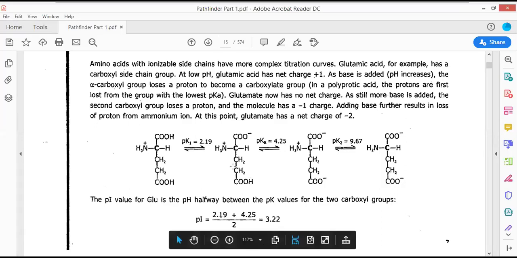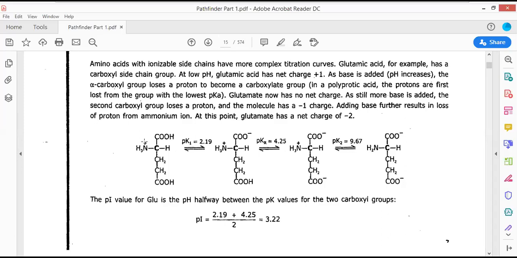Now see, when you're talking about an acidic amino acid, there are not only 2 groups. There is another group, a side chain carboxylic functional group. One is the main chain carboxylic group, another is the main chain amino group, and the third group that is present is the side chain carboxylic group.